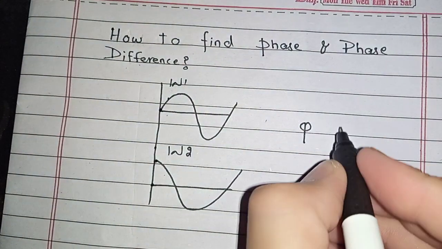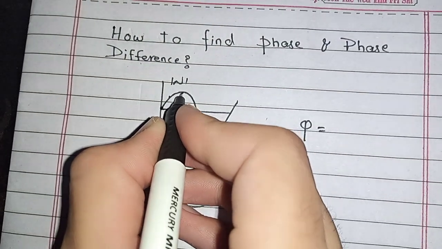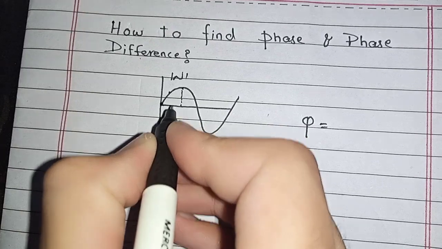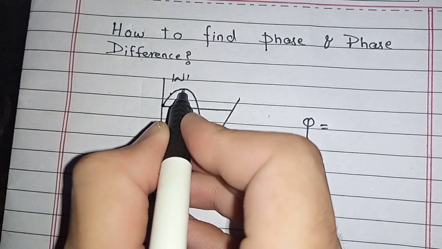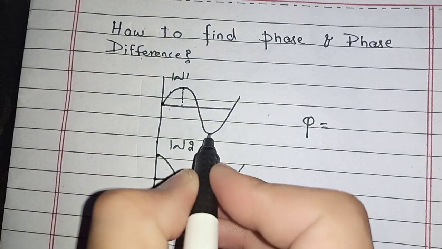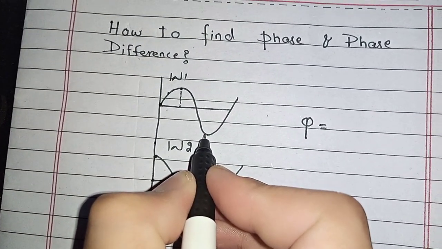To find the phase difference, we choose the same point on both waves, i.e. the first increasing point on both the waves. You can also choose the first decreasing point on both the waves. Then you find the phase difference.